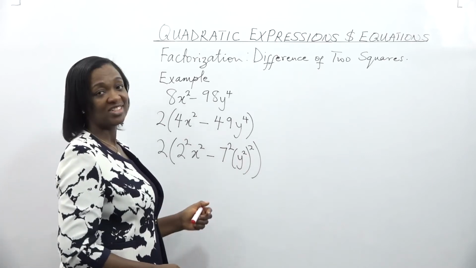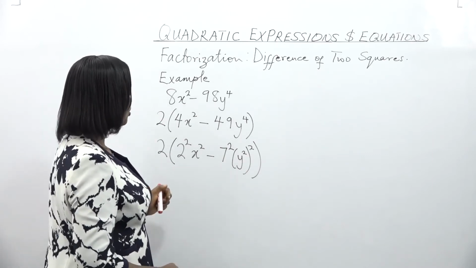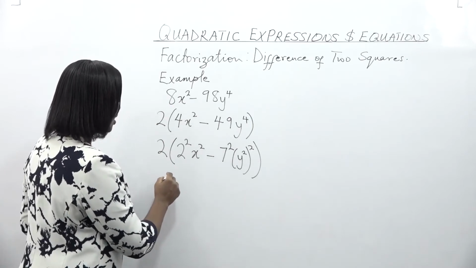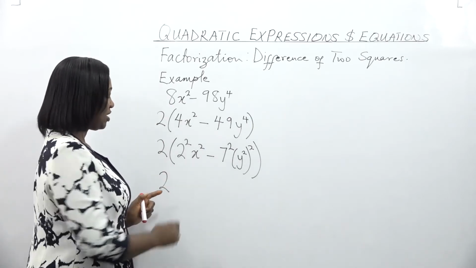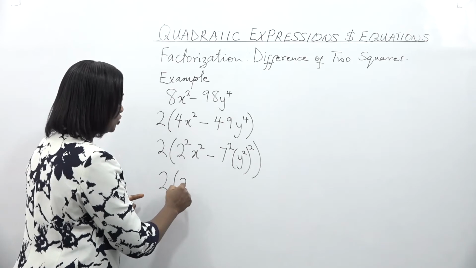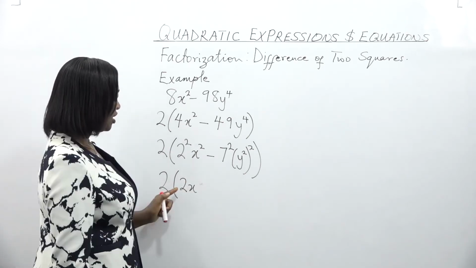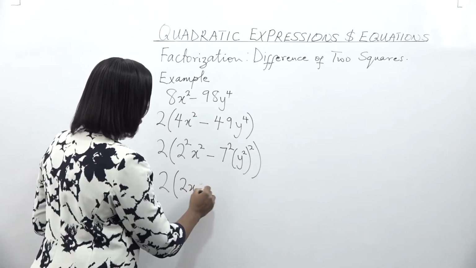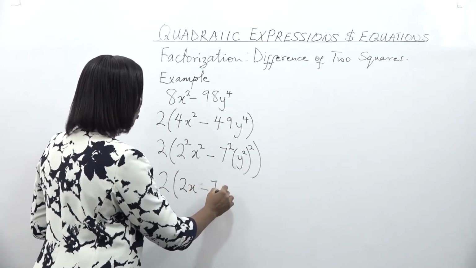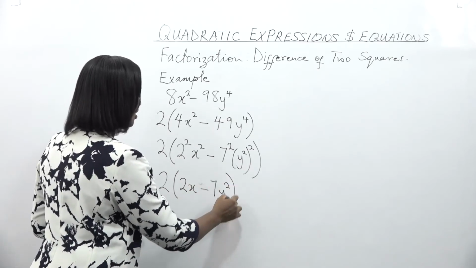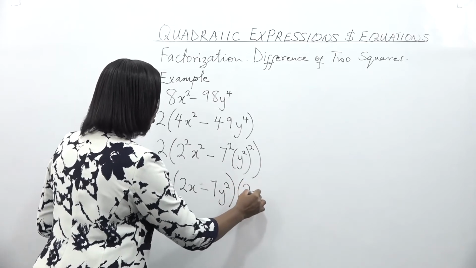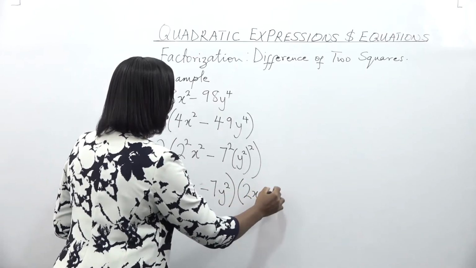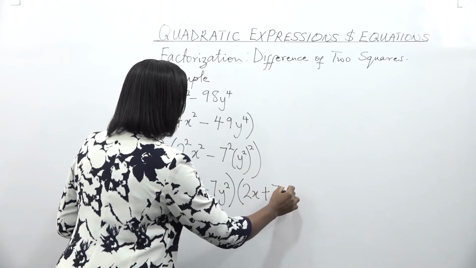This looks very interesting. So the difference of two squares here would be 2 into 2x squared minus 7y squared into 2x plus 7y squared.